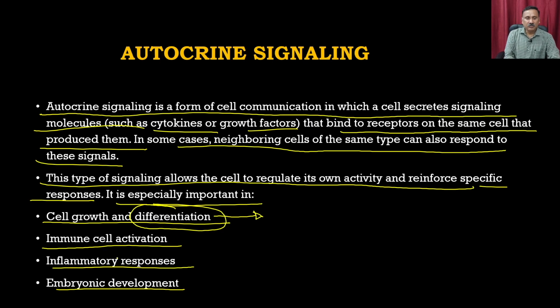Similarly, you have immune cell activation, which we are going to discuss in detail in a future module, but you have seen how the T cell is getting activated, how the B cell is getting activated. So it is secreting antibodies, and these antibodies are binding to the B cell on its own, and that's how it is increasing the proliferation of the B cell, and that's how a particular clone, when it is being selected for converting into plasma cells so that it starts secreting antibodies, is being done this way only, right?